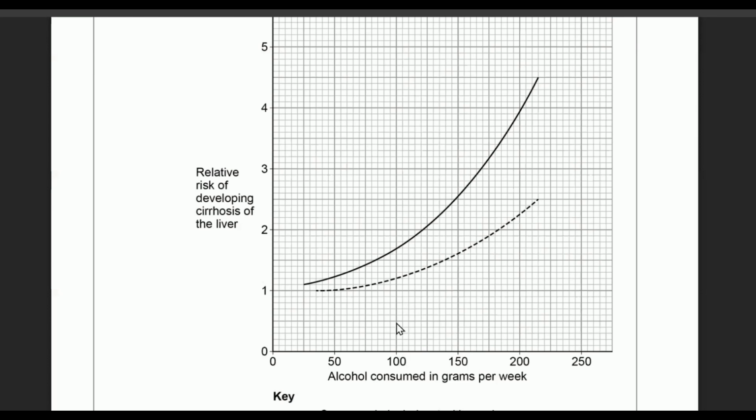So we could say, if you have 100 grams of alcohol a week with a meal, your risk goes up to 1.2. If you have 100 grams of alcohol a week without a meal, your risk goes up to 1.65. And so there you go. Just pulled out some data from the graph and smashed that into the answer. So I'd use supporting data to back that up.